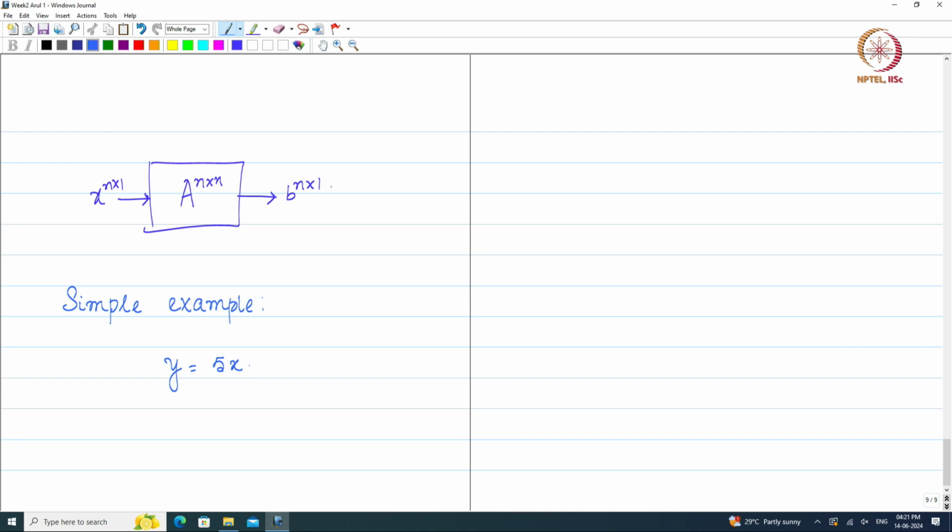Forget about this, this is not a matrix, this is just a scalar, this is just another scalar. Now what it says is, okay, any input that you give as x, the system is going to multiply by 5 and I am going to get the output y, which is equal to 5 times x. So this is what I am going to have, 5 into x, right.